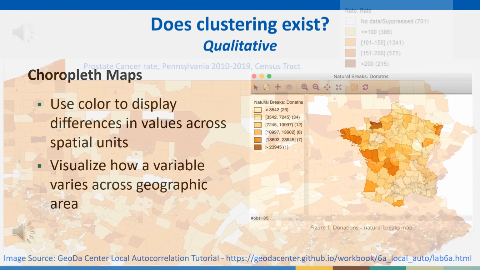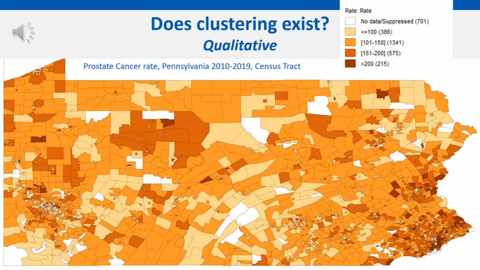For example, this choropleth map was created using GeoDA. Age-adjusted prostate cancer rates by census tract in Pennsylvania were categorized using manual breaks for the categories, with the higher rates being displayed in darker colors.